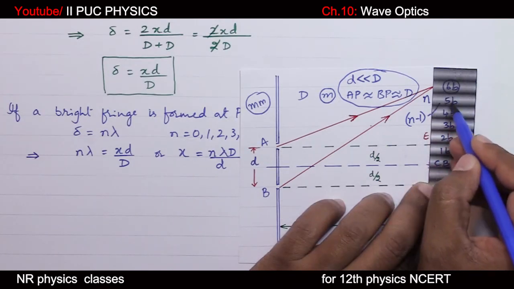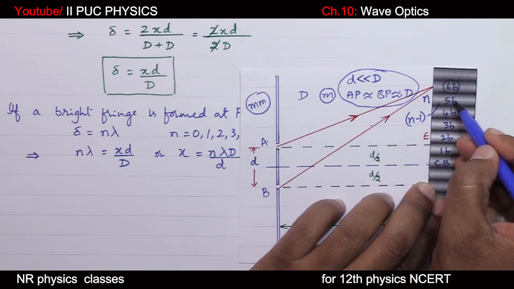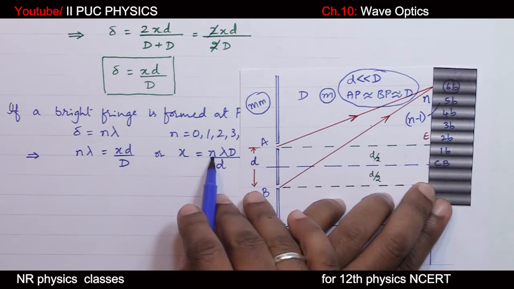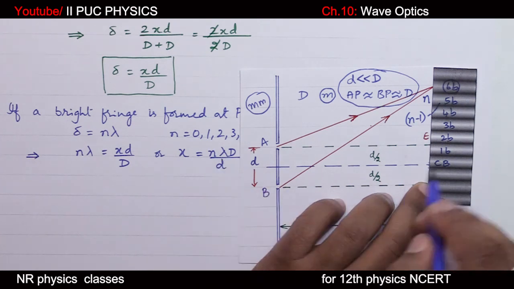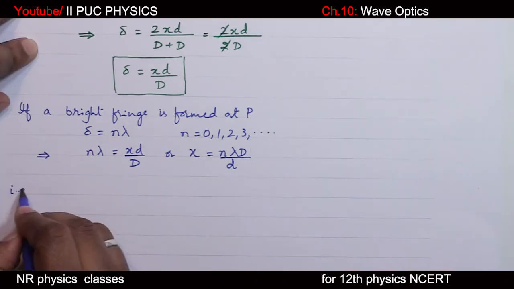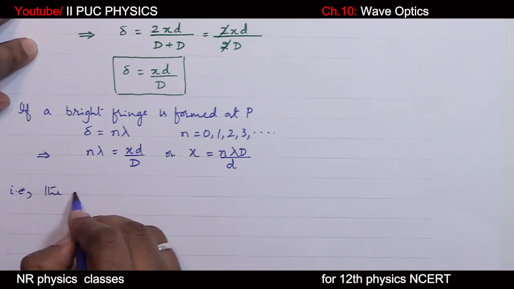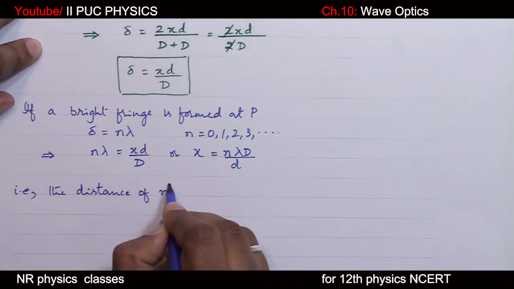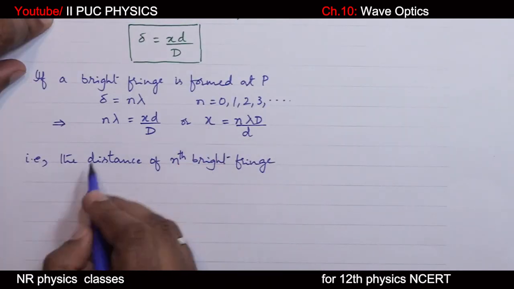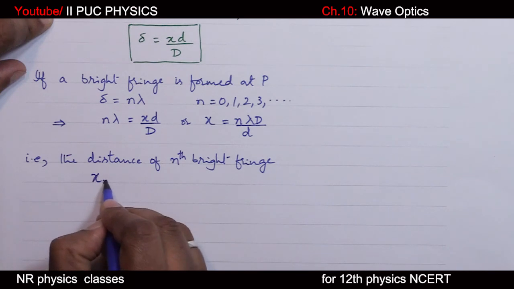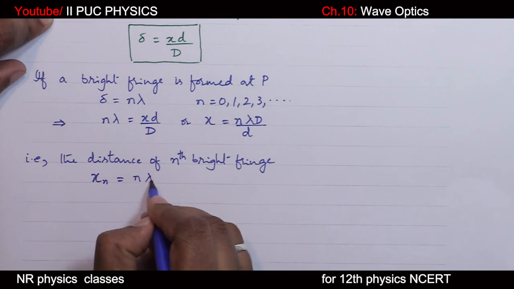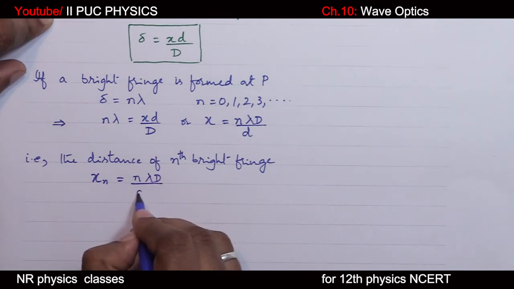This is nth bright, previous is n minus 1th bright. And here x stands for the distance of the nth bright fringe from the center of the screen. Let me denote the distance by xn instead of x: xn equal to n lambda capital D by small d.